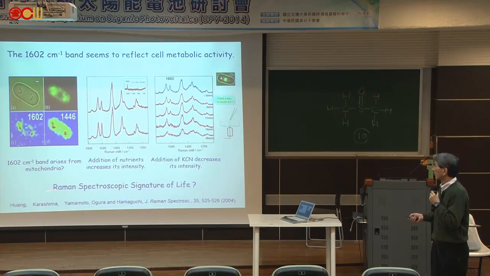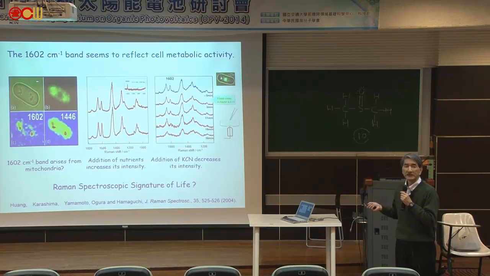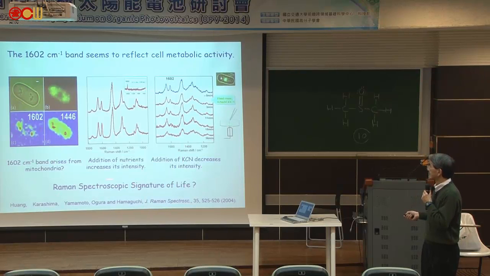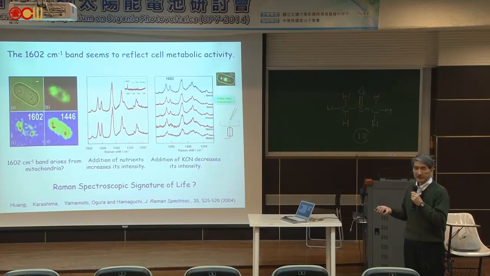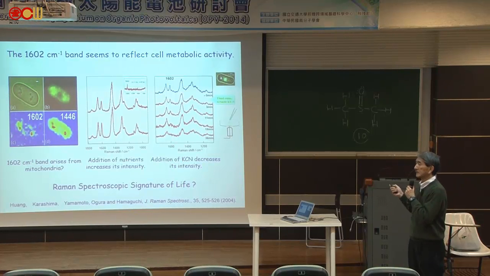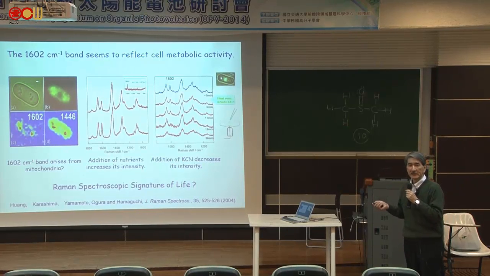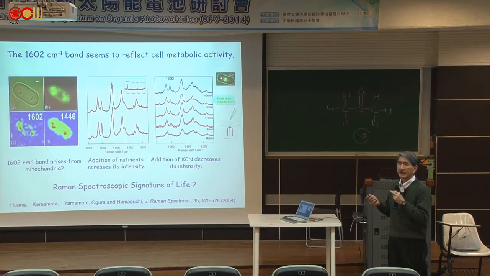So we thought that this band might reflect the live activity of the cell and might be the Raman spectroscopic signature of life. So if you have this band, yeast is living. If this band decreases or disappears, it dies. But this is a really attractive idea, but we have to check it very, very carefully, as I'm going to tell.